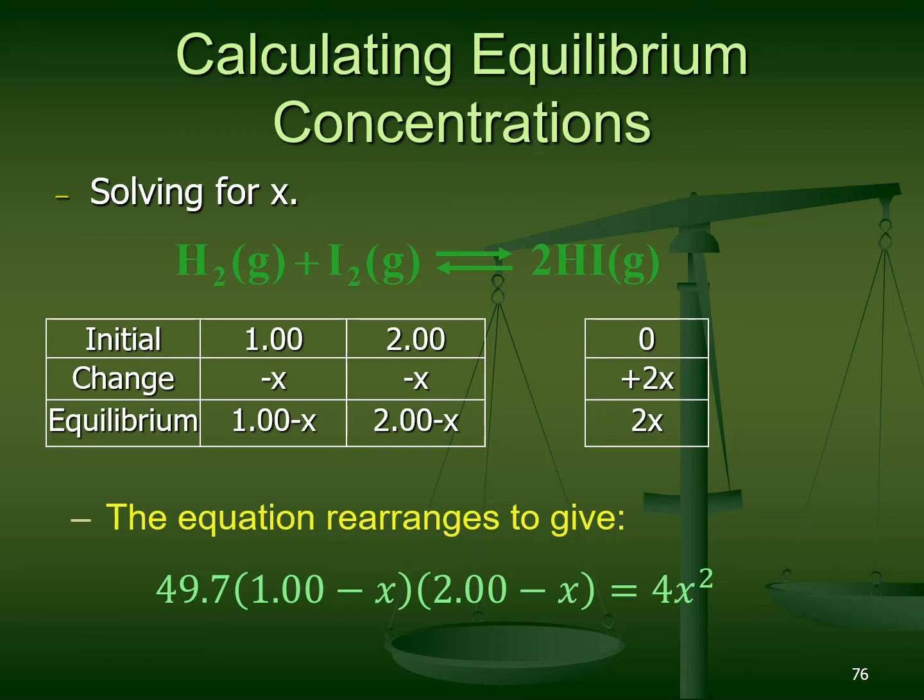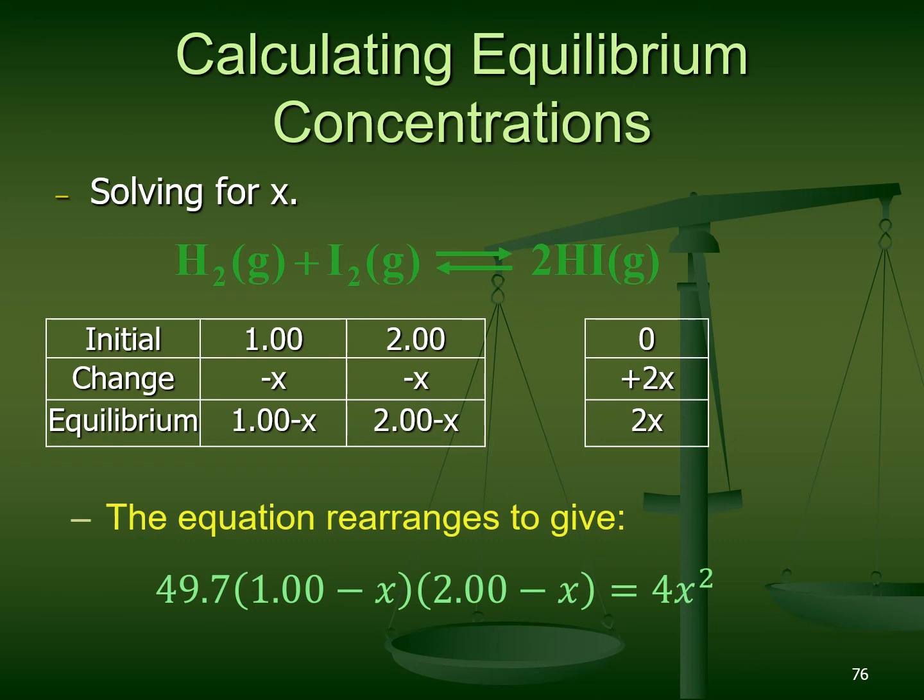There's a couple of ways that you can do it. Note that we're going to have to distribute. Remember, we have to multiply 1 minus x times 2 minus x. Remember how to do that using the FOIL method: 1 times 2, minus 2x, minus another x, and then finally plus x squared.